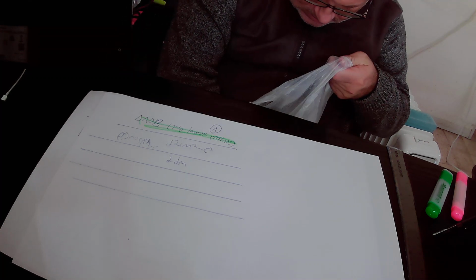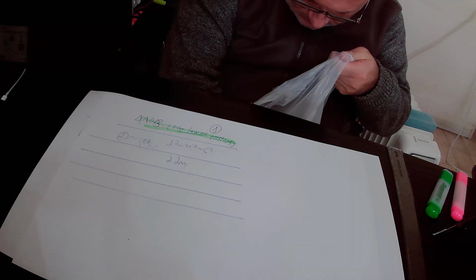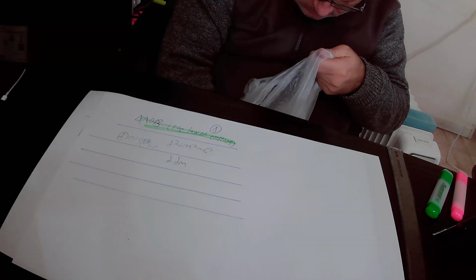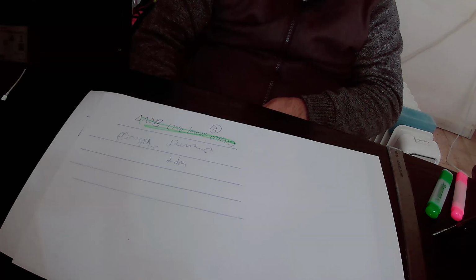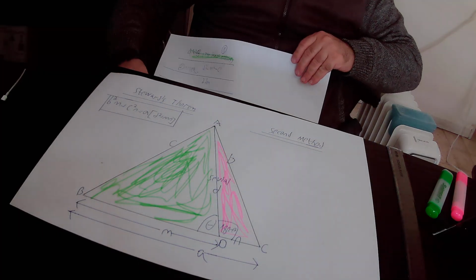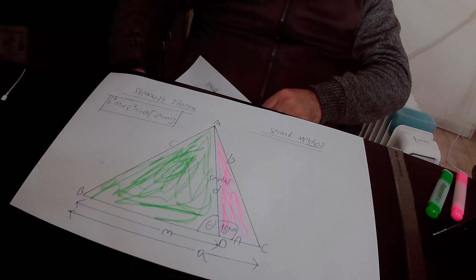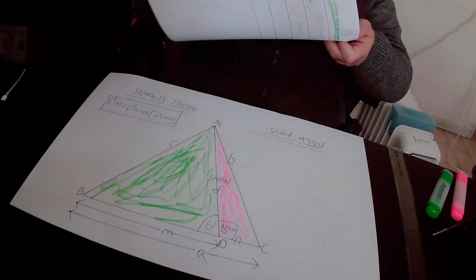In the next step, we will implement the law of cosines in the pink triangle ADC. Okay.